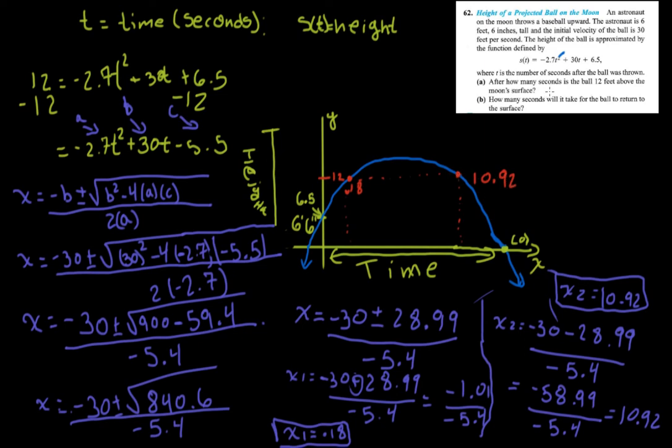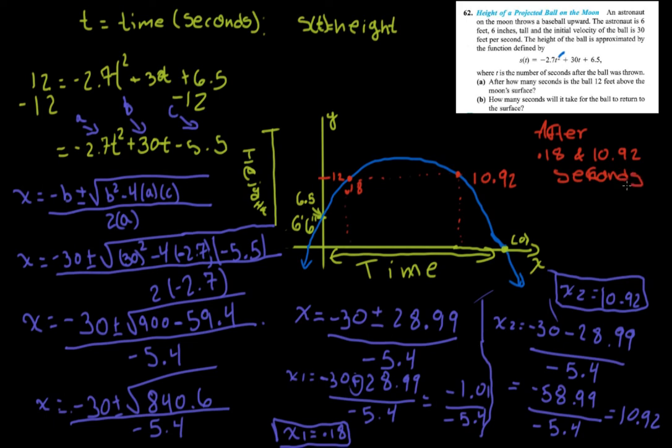So after how many seconds is the ball 12 feet above the moon's surface? So we're going to say after 0.18 and 10.92 seconds.